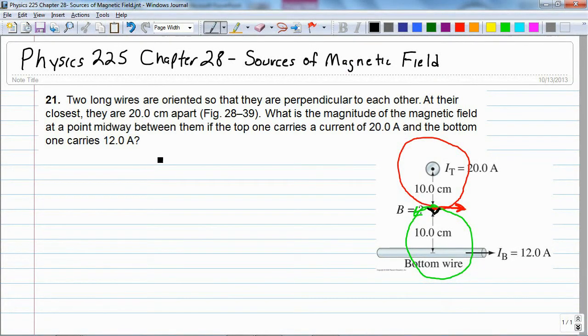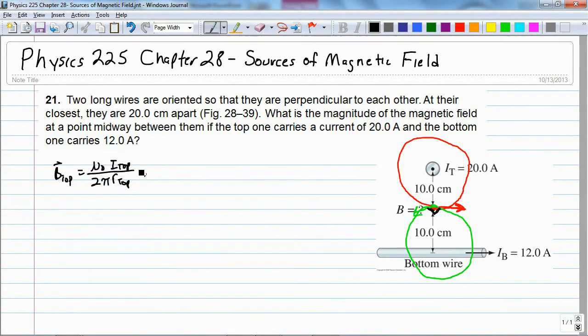So we can write a formula for the top. Our magnetic field in the top is going to equal mu naught times the current of the top divided by 2 pi times the distance from the top to the bottom, or to the midpoint here.